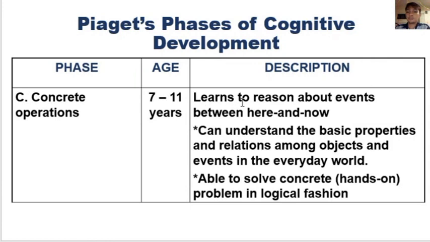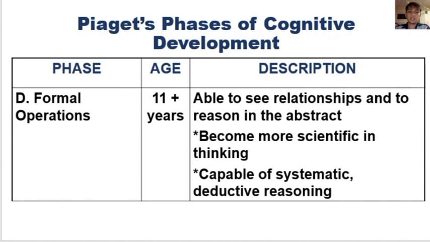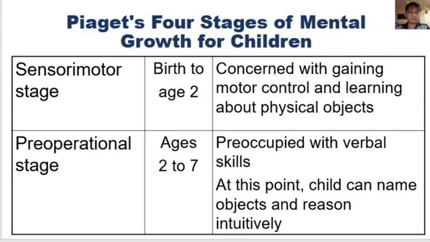Children learn to reason about the events between here and now, and they can understand the basic properties and relations among objects and events in the everyday world, and they are able to solve concrete or hands-on problems in a logical function. The last stage is the formal operational stage, which starts from 11 years and beyond. Children are able to see relationships and to reason in the abstract, and they become more scientific in thinking, and they are capable of systematic and deductive reasoning.